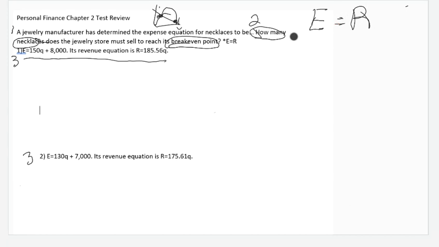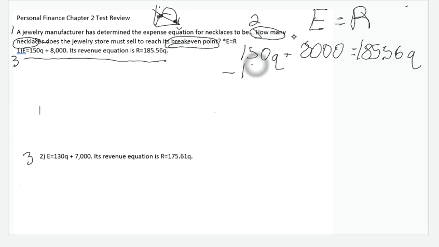So I'm going to put 150Q plus 8,000 is equal to $185.56Q. And then we want to get the Q's all on one side, so I'm going to subtract 150Q from each side.